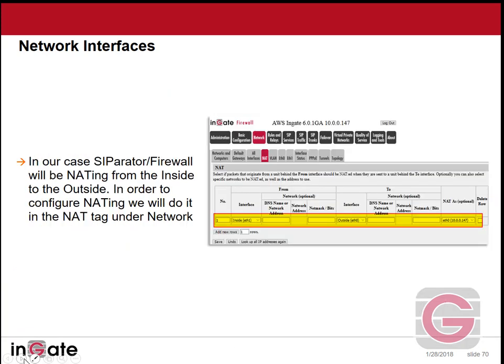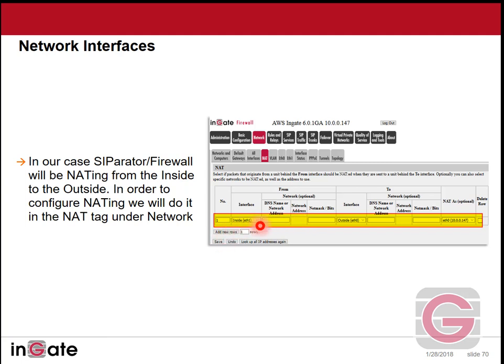Then another component that we need to enable, inside the network, is a tab called NAT, and you have to enable NAT. Remember that the instance is sitting in a public subnet, but in reality this is a DMZ. So the real IP address it has is a private IP, and there is a public IP assigned via Elastic IP that will be NATing one-to-one with the Ingate.